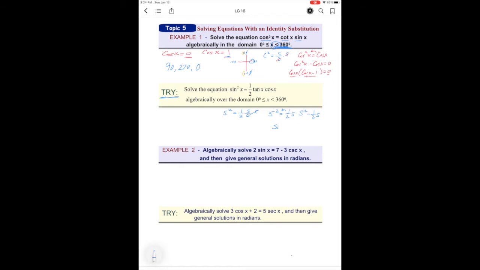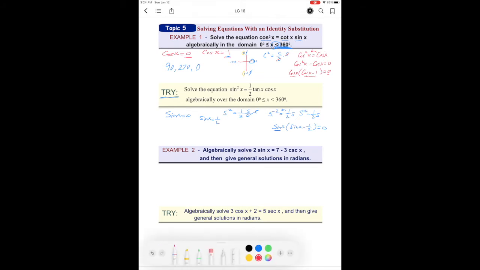So now I know there's a sine that's common, that comes out. So there's sin x times sin x minus a half inside. So the first one is sin x equals 0. That's this one. And the other one is going to be sin x equals 1/2.